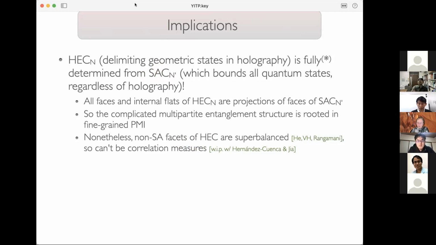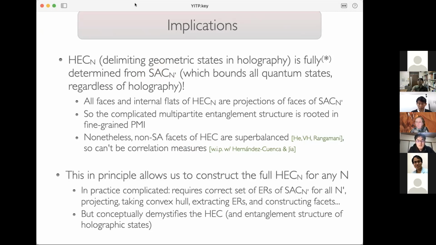Now, this is a bit abstract. In practice, it's a complicated procedure to, first of all, get the correct set of extreme rays for sufficiently high n prime. Then you have to take the convex hull, and then once you have the extreme rays, you want to recast the cone in terms of the facets to extract the inequalities.